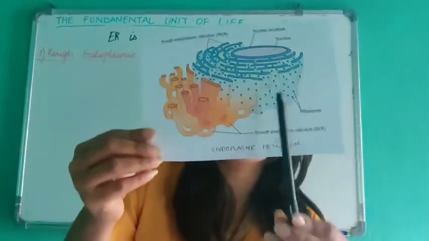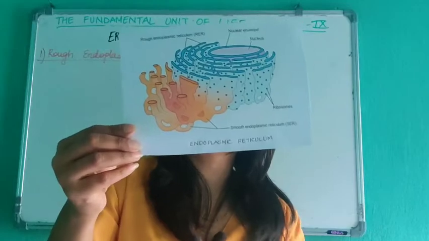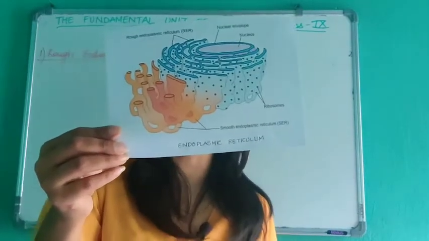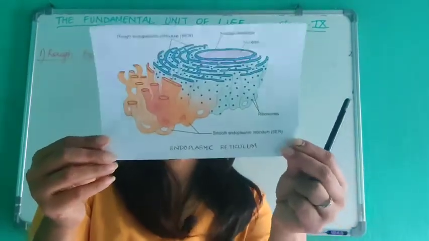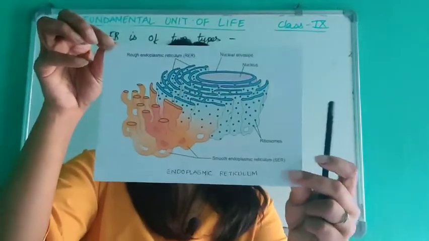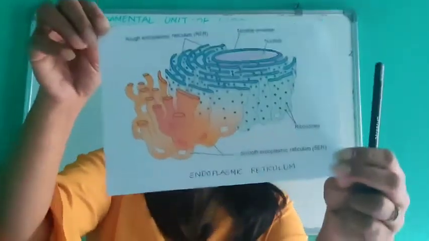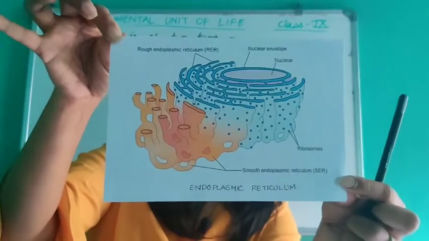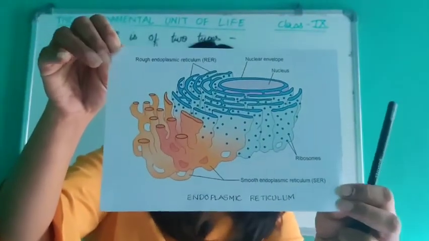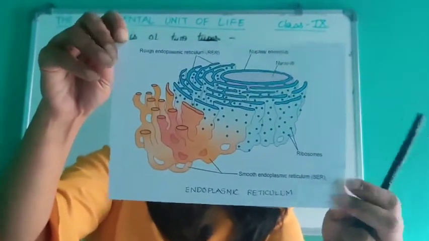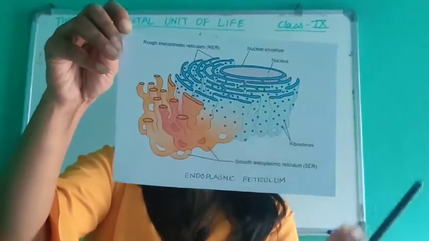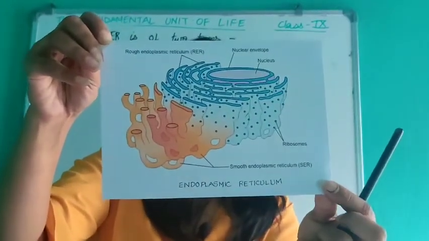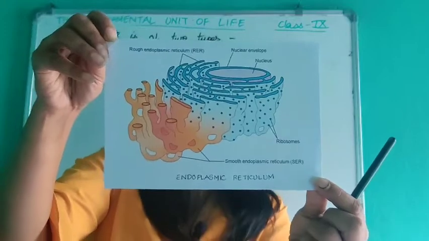Here is a picture of endoplasmic reticulum. The blue one is rough endoplasmic reticulum. The orange one is smooth endoplasmic reticulum. Do you see any difference between these two? Yes, there is a difference. If you look at the surface of rough endoplasmic reticulum, small grains are attached to its surface.